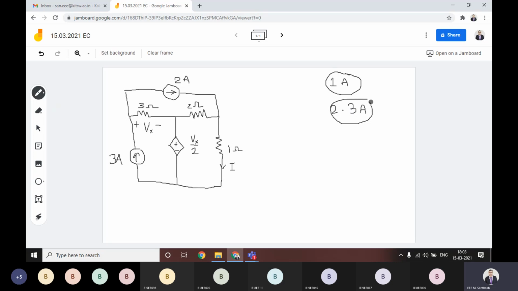What you're doing, simply you're applying mesh analysis, right? We'll see which answer we'll get. Whenever you are having a closed loop, a mesh, that closed loop will be considered with some current direction, right? In case of node analysis, we considered the voltage at each and every node to be at higher potential.